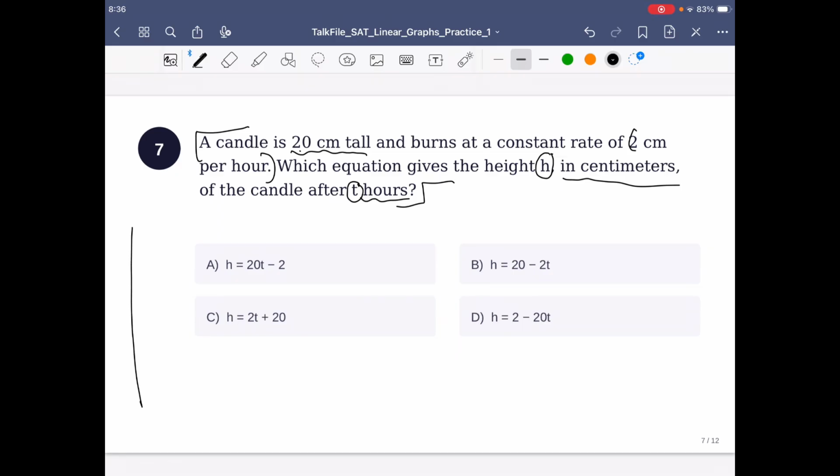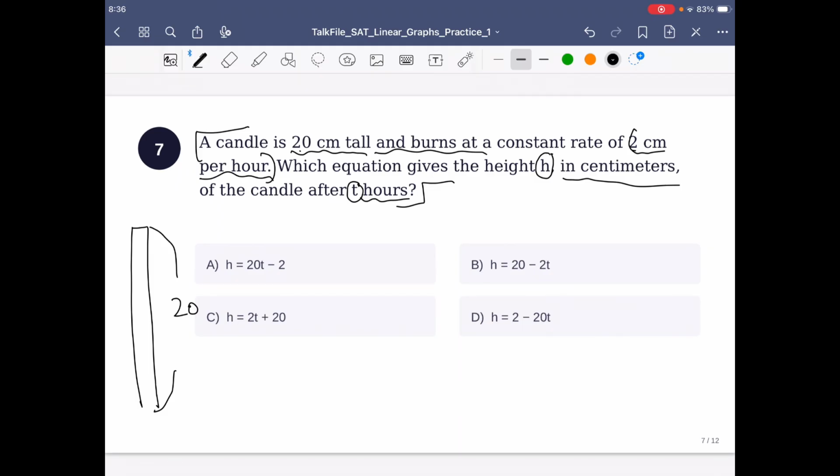Let me draw a picture here really quickly. This is 20 centimeters tall, and it burns, so it becomes shorter and shorter over time, at 2 centimeters per hour.